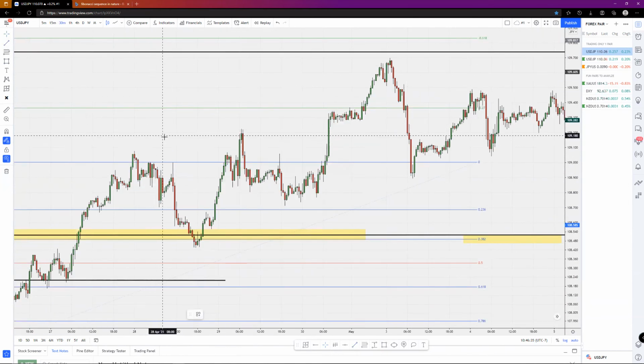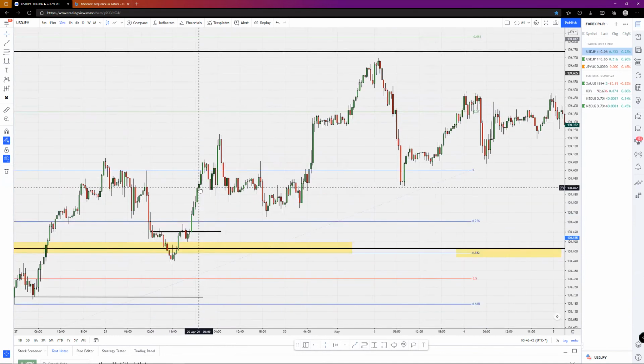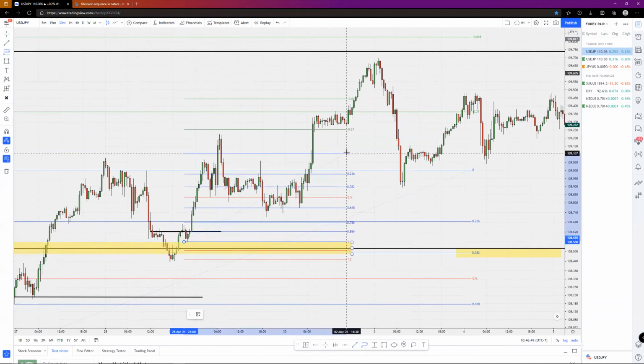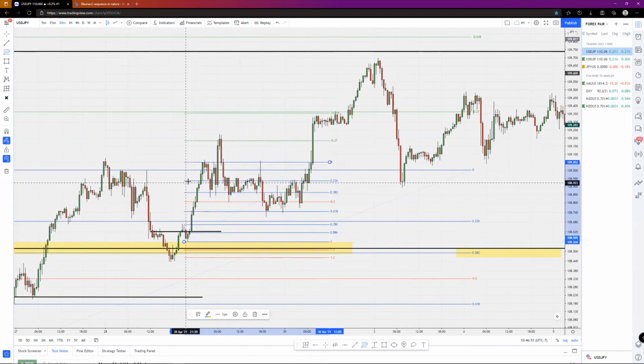So watch this. Area is broken there. You ultimately didn't really get an opportunity to find any trade until over here. Like that right there, I wouldn't have felt confident in that area.